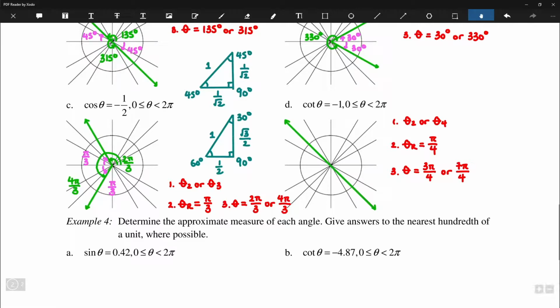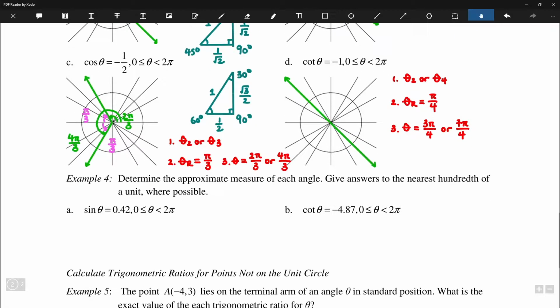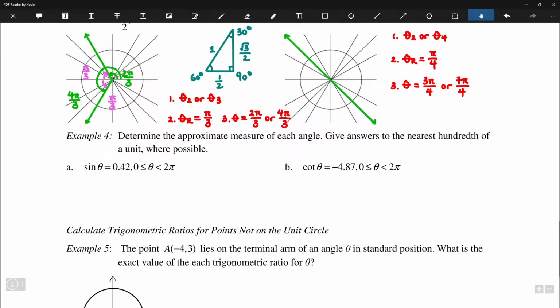Next up is the same kind of idea, but we're going to use the calculator. Notice that in example 4, sine theta is equal to 0.42, and we have also cotangent theta is equal to negative 4.87. Those are not special triangle values. So what we're going to do is use the calculator function.